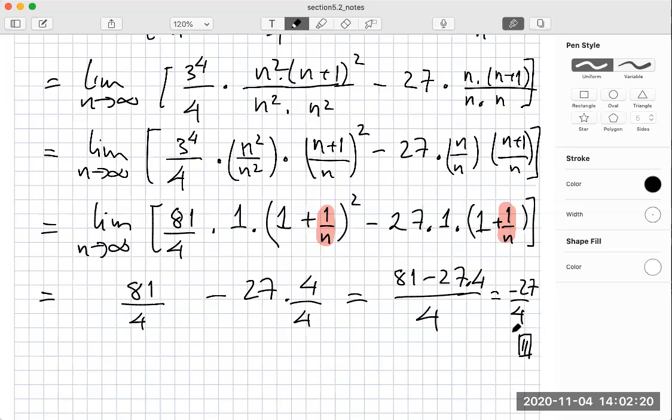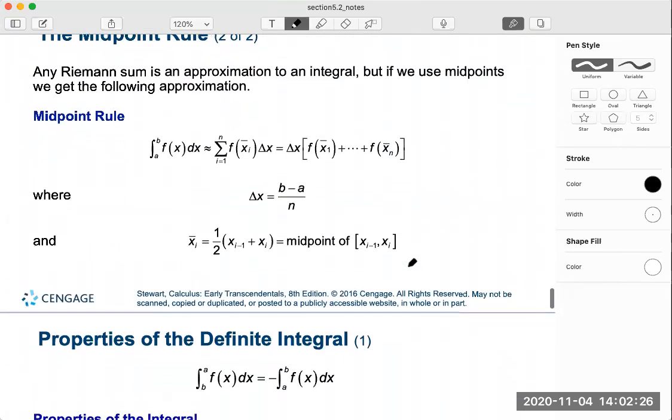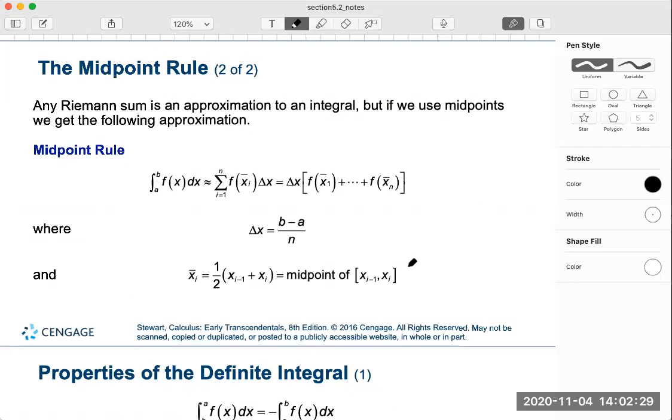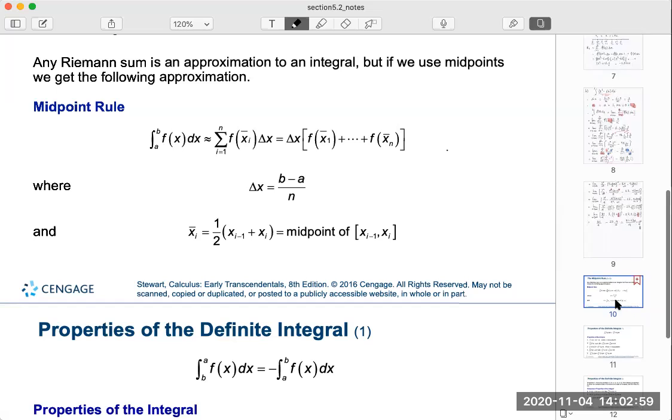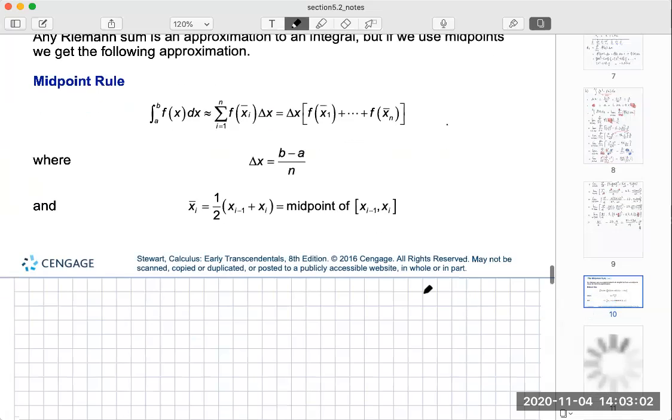So we continue. In the next part, we have the midpoint rule, where we approximate the integration by the values at the midpoints. That is the average of the left and the right value. Okay. It's similar. Then let us consider this example.